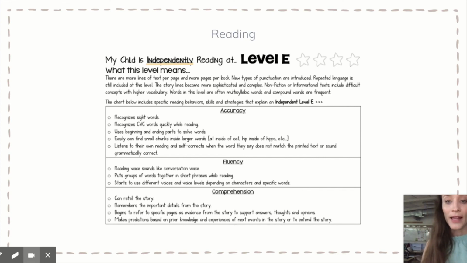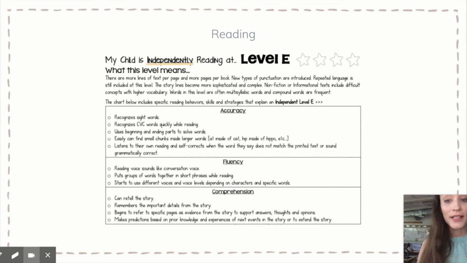They should have a reading voice that sounds like a conversation. They'll be putting groups of words together in short phrases while reading. They start to use different voices and voice levels for characters. So, maybe there's a mouse character and they use a little tiny voice to emphasize that. That's what we would be looking to see here at level E.